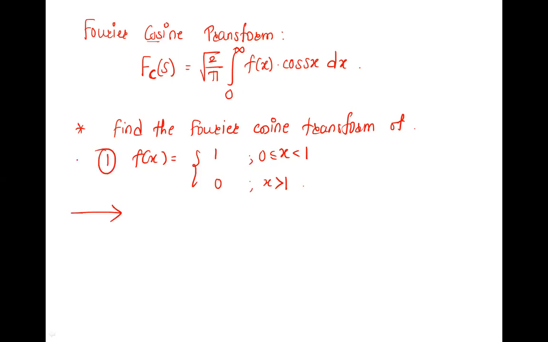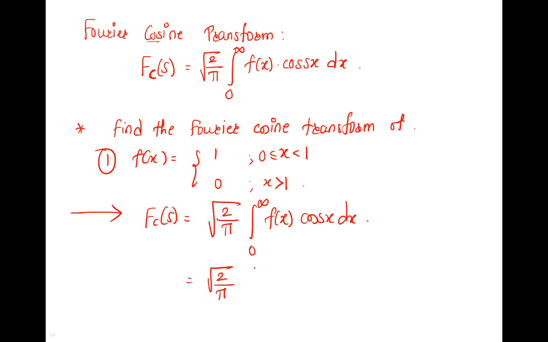The function is given and it asks for the Fourier cosine transform. Write the definition first: integration 0 to infinity f of x cos sx dx. But what is the function f of x? It is 1. And what is the interval? 0 to 1. So 0 to 1, 1 into cos sx dx.